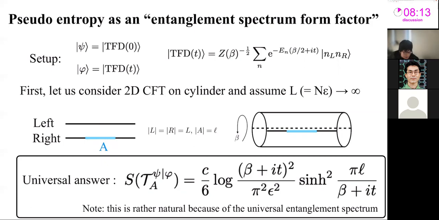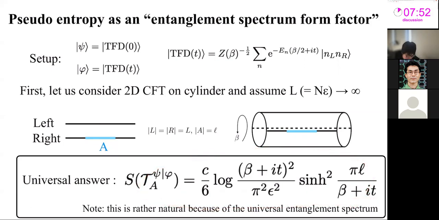In this case, it is known that if we consider 1+1D CFT, the entanglement Hamiltonian is universal. And indeed, we can obtain the analytic result for the pseudo entropy associated with this setup, and it gives us this simple analytic form.